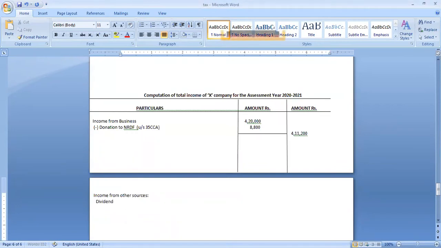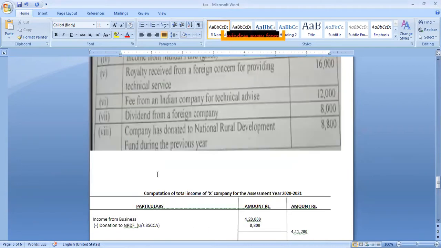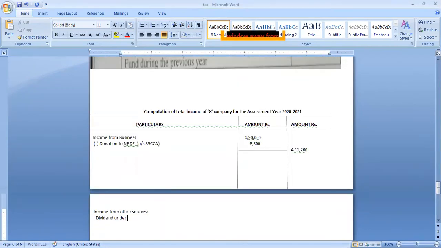So how you are going to write is dividend. You can see this is the second item, this is the third item. These two you have to mention under 2 and 3 above. In this inner column, you have to mention exempt. Or in working notes also, you can mention dividend from an Indian company is exempt.